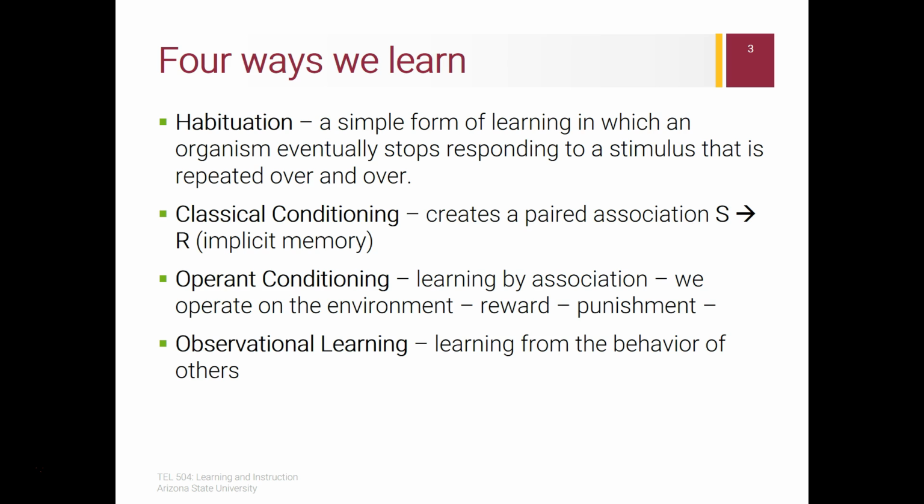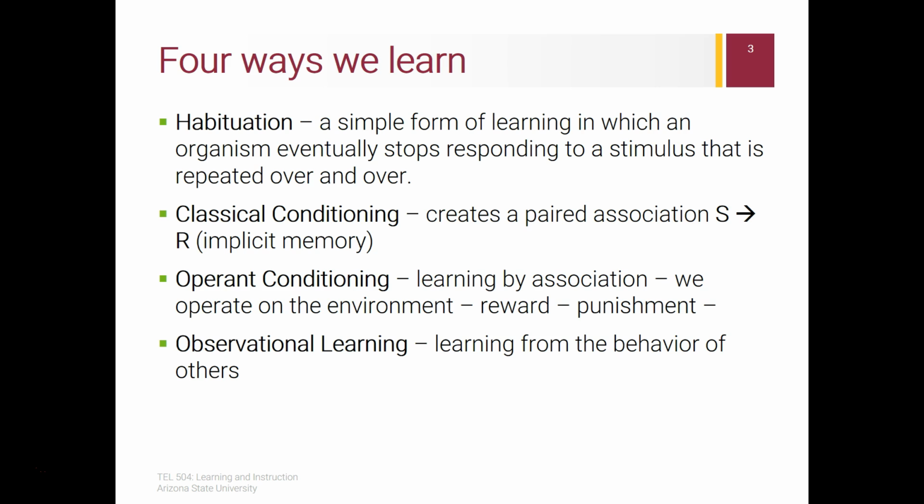There are four ways we learn. Habituation, which is a simple form of learning in which an organism eventually stops responding to a stimulus that is repeated over and over. We learn through classical conditioning.